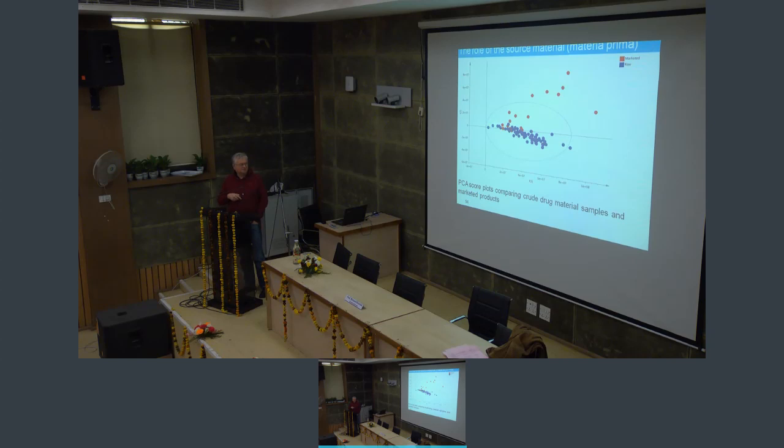This is the HPTLC, the NMR PCA plot of the combination of the marketed product, the finished products, and the raw materials. And the really interesting outcome of this is there's quite a bit of variability, which you can explain in a certain way, but it's pretty undramatic.